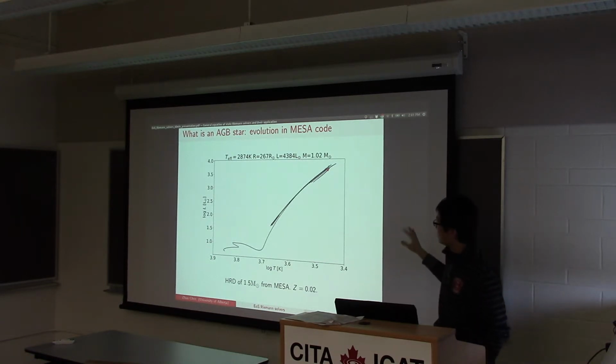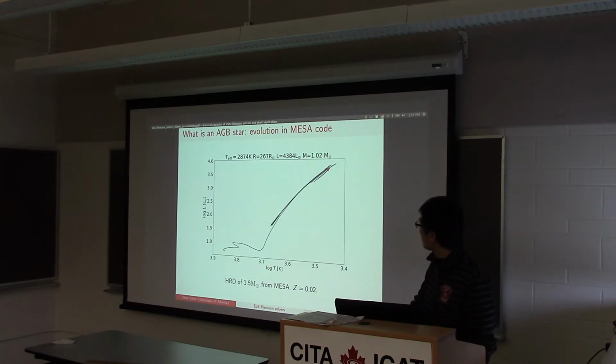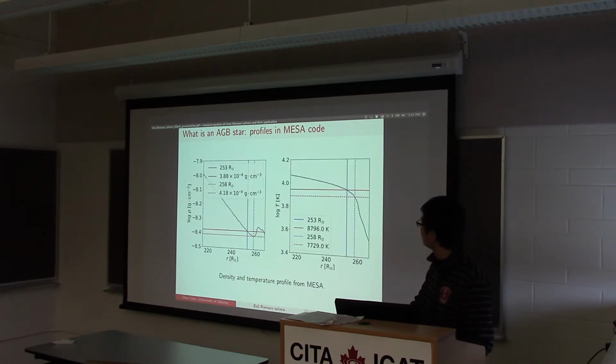It has a luminosity and radius listed on top of the figure. We are using this model as an example to show that the pulsation and dust-driven wind can generate some light curve difference.